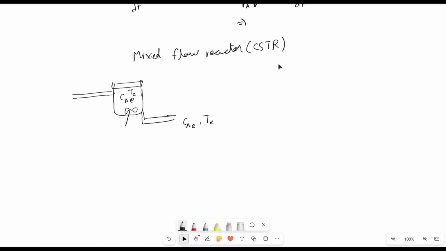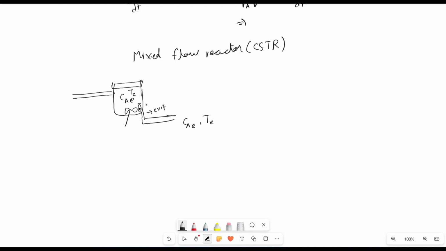Suppose this is the exit stream pipe; this point is the immediate inlet, and these conditions will prevail at the outlet.